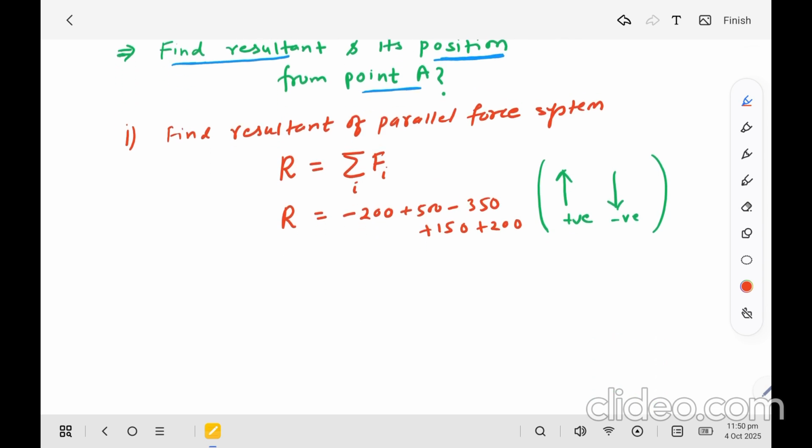This is the simple algebraic sum of all the forces. So R equals 850 minus 550, which is equal to 300 Newton. This is the value of the resultant force of this parallel force system.